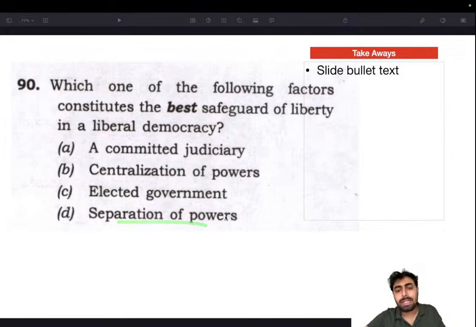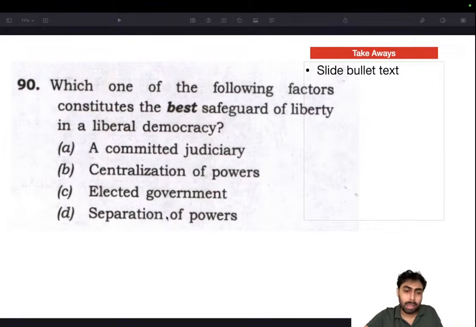So in most answers, if separation of powers is there and you can't find any other thing that comes close to it, this would be the answer. And committed judiciary is there, but this doesn't necessarily guarantee liberty in a liberal democracy. An independent judiciary actually can. If the question was like that, then it's there.